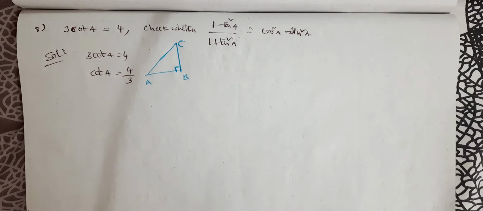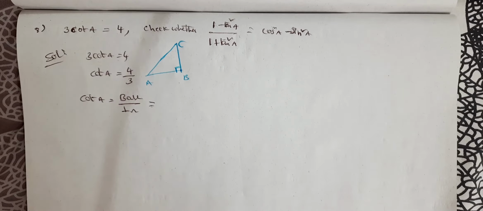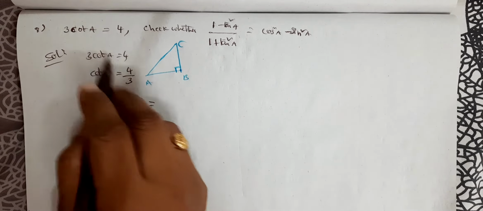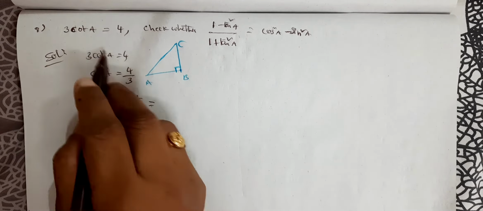Always cot is equal to base by perpendicular, or rather adjacent side by opposite side. What is the adjacent side? This is AB, is it not? But what is this given to be? 4 by 3. That is equal to 4k by 3k. So the adjacent side, the base, becomes 4k and the perpendicular becomes 3k.